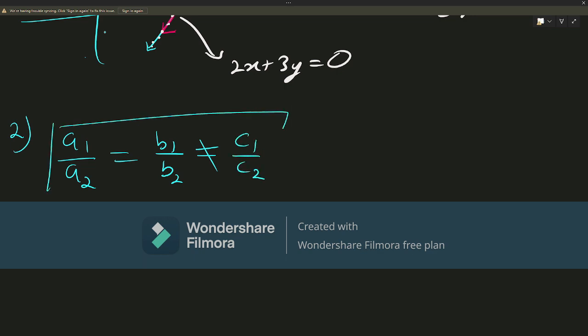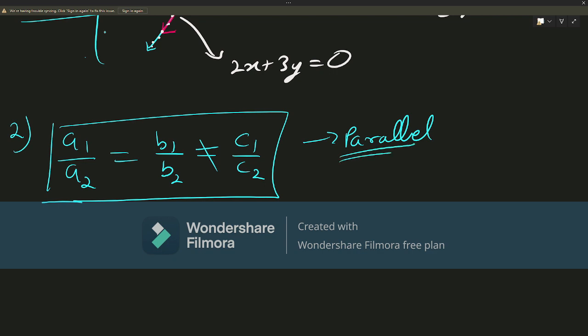If this condition is satisfied, only then the lines are parallel. You need to check the whole equation and take the coefficients and divide them, like A1 at the top and A2 at the bottom, the denominator. If A1/A2 equals B1/B2, but B1/B2 is not equal to C1/C2, then they are parallel.